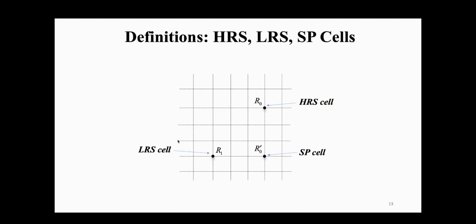We first give some definitions. The cells with the high and low resistance states are called HRS and LRS cells, respectively. The cell with the sneak path interference is called an SP cell.